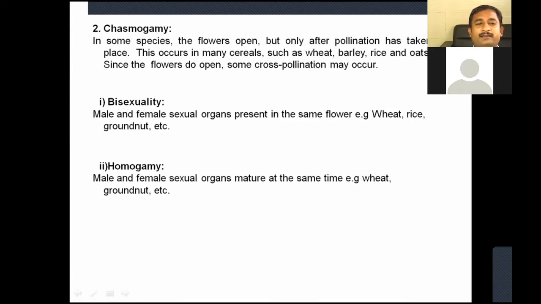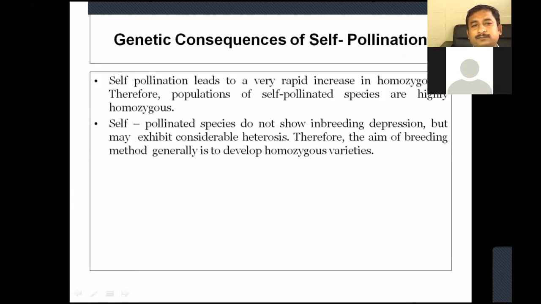In homogamy, both male and female sexual organs mature at the same time. For example, the anther is ready when pollens are matured. This is called homogamy. There is a mechanism called heterogamy, where male and female mature at different times.